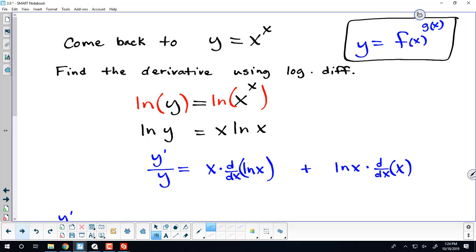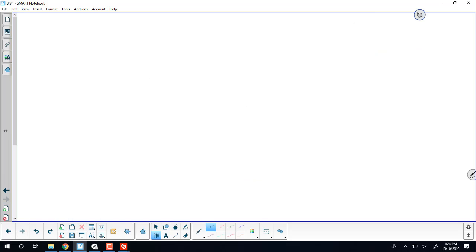Okay. Well, let's look at one more. So the x to the x is basically the simplest type of function that you will see of the form f of x to the g of x. So let's look at one that's a little bit more involved. Same instructions as above. Our function is the quantity 1 plus 10 over x, to the x.